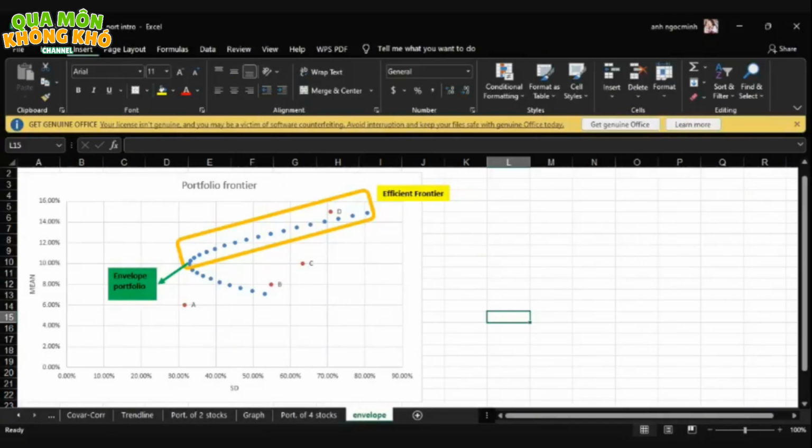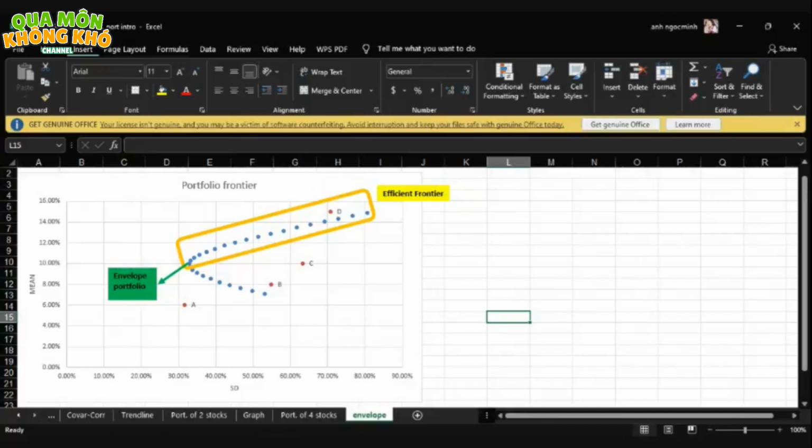Do not misunderstand the concept. Someone might think the curve is the efficient frontier. No, the curve is not the efficient frontier. The curve is the envelope, and the efficient frontier is composed of the efficient portfolios. So what are the efficient portfolios?